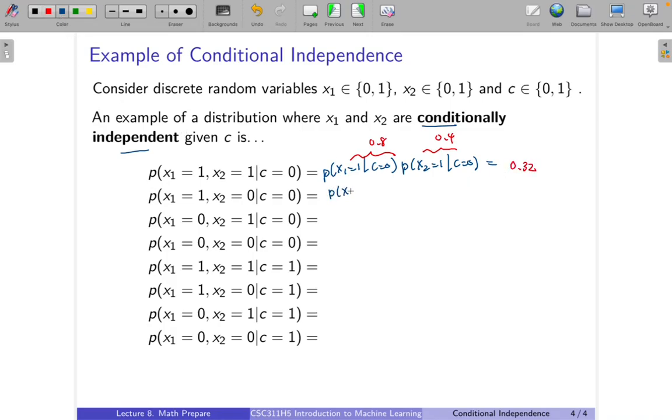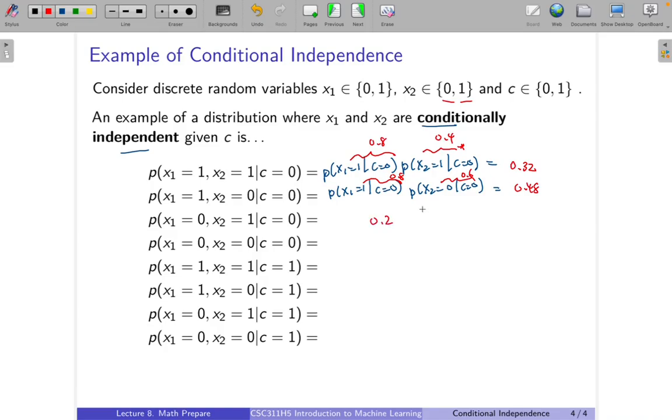Now moving on to the second part, the second equation here. This first term here, we've actually already defined, 0.8. The second term here is actually already tied to this probability that we've defined previously, because x2 can only be either 0 or 1. So this probability is going to be 0.6. And we can keep going.